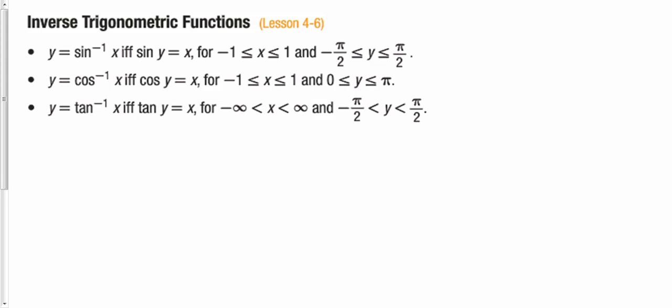The inverse cosine only exists if x is between -1 and 1 and y is between 0 and pi. The inverse tangent exists for any x, but only between negative pi over 2 and pi over 2, not including pi over 2 and negative pi over 2, because those are asymptotes of my tangent function.